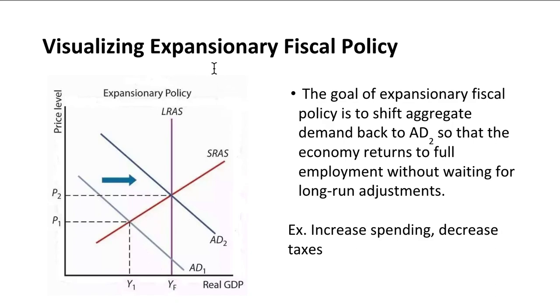The government for expansionary fiscal policies could also decrease taxes, which remember would give each consumer more disposable income, so they would increase the C of C + I + G + Xn. So increasing government spending and decreasing taxes are both expansionary fiscal policy that would lead to less unemployment.